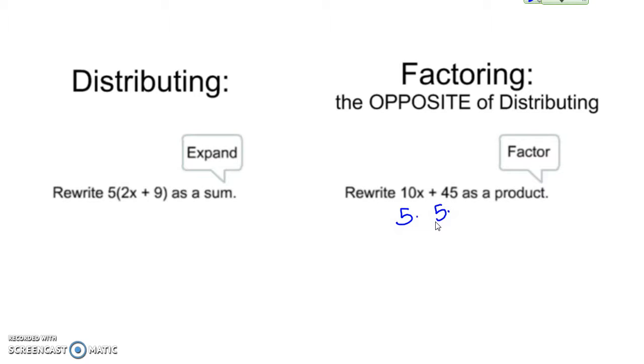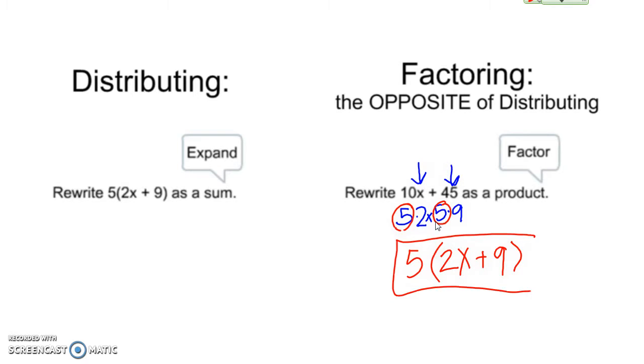Then 5 times what gives me 10x? 5 times 2x gives me 10x. 5 times what gives me 45? 5 times 9 gives me 45. Then I circle the greatest common factor and write it outside the parentheses. And then I fill in the inside of the parentheses, 2x plus 9. That is called factoring an expression. You find the greatest common factor, it goes outside the parentheses, the other factor goes inside the parentheses.